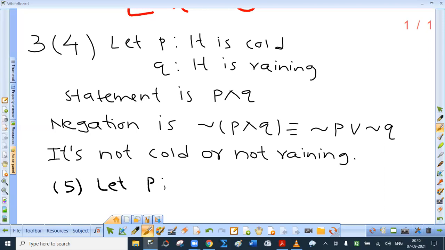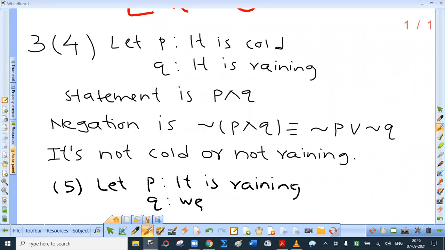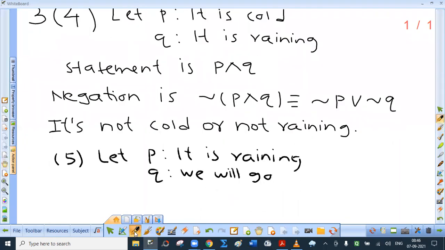So I have to say P: it is raining. Q: we will go. And R: we play football.